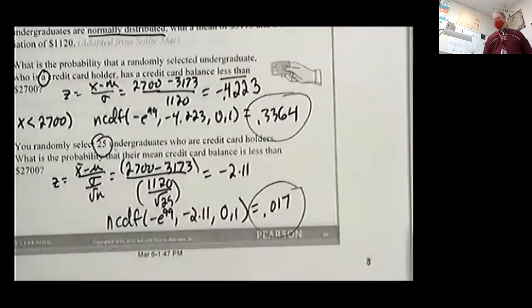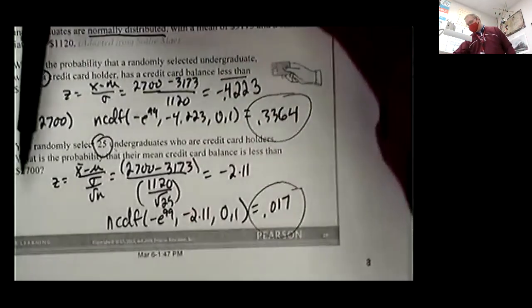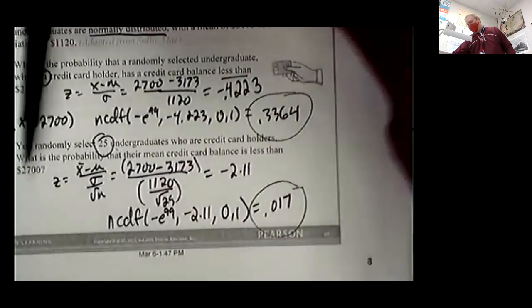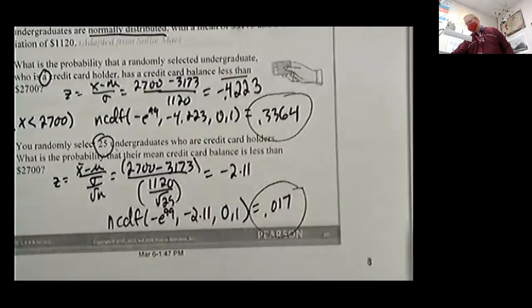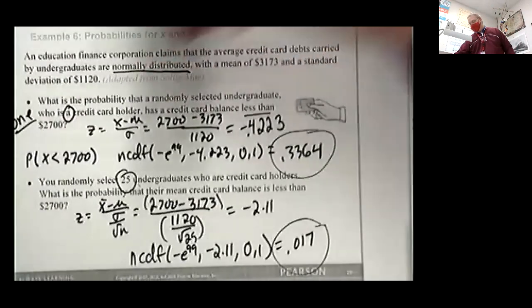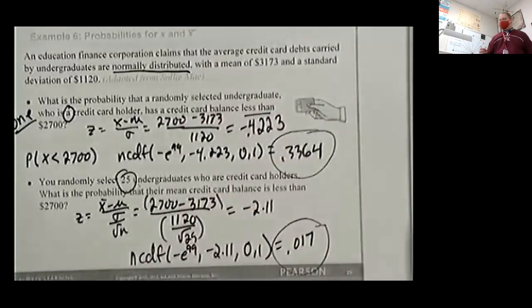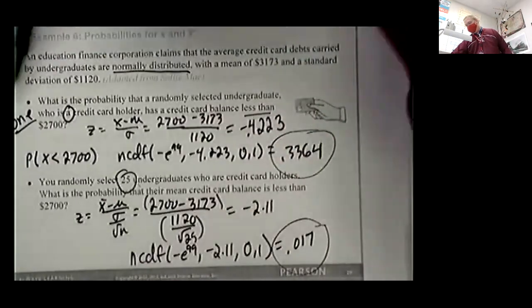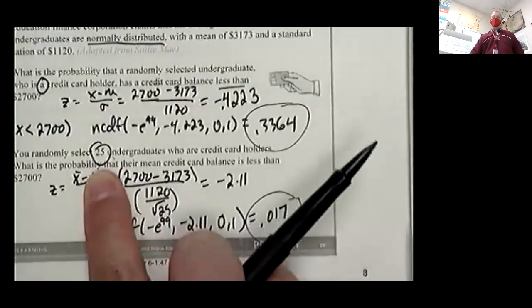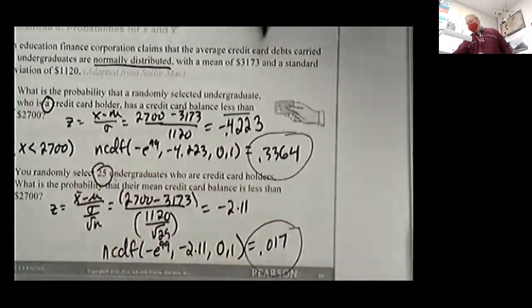So we can get a better probability. If you look, 2,700 is pretty far underneath our average of 3,173, right? That's a pretty big difference. So if we pick one person, there's only a 33% chance that they have that low of a credit card balance. But if we pick 25 people, that's a lot more that have to be under that average.